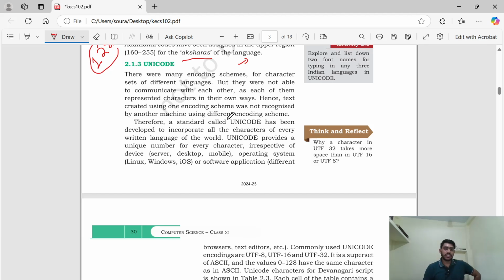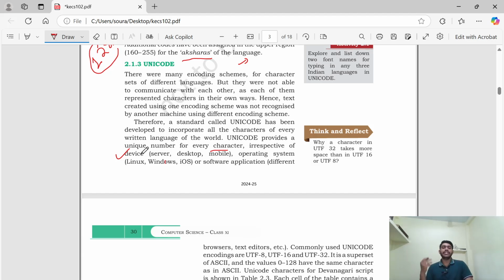So what is the drawback? The main drawback of ASCII and ISCII is that text created using one encoding scheme was not recognized by a machine using a different encoding scheme. Therefore, to incorporate all the characters of every written language of the world, Unicode provides a unique number for every character, irrespective of the device, server, desktop, mobile phone, or operating system.